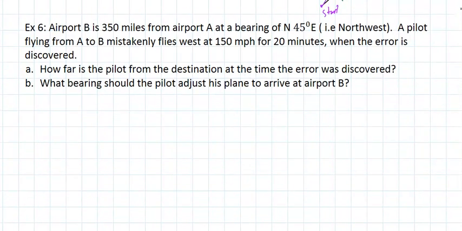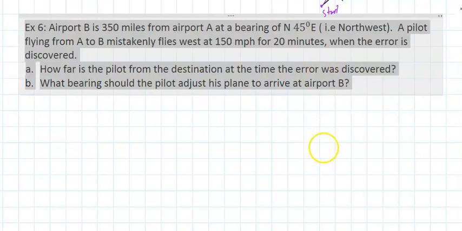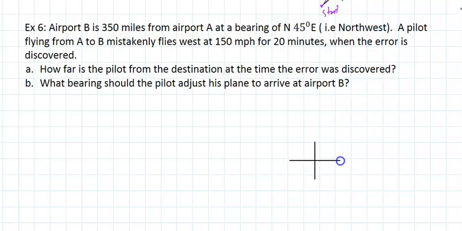Airport B is 350 miles from Airport A at a bearing of north 45 degrees to the east. Normally they say northeast, that means halfway through. So if I put a bearing and I cut it exactly in half at 45 degrees, there.